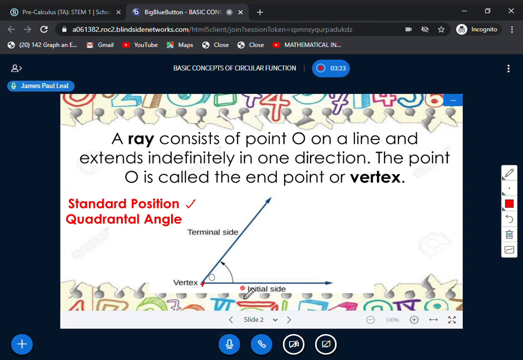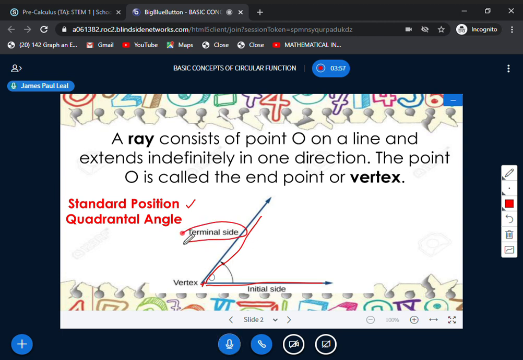The initial side is the initial position of the ray, the one that does not move. The terminal side is the terminal position, the ray or line that is actually moving. It can move counterclockwise or clockwise, and that is called the terminal side.